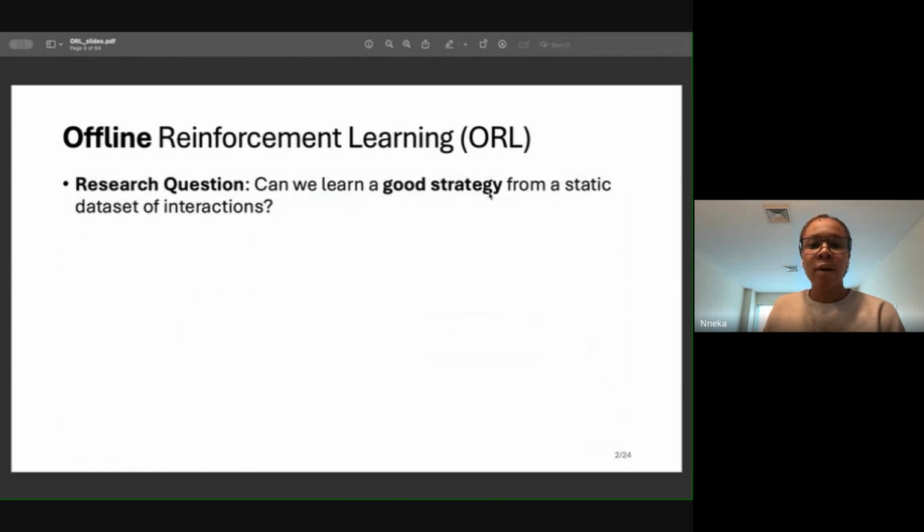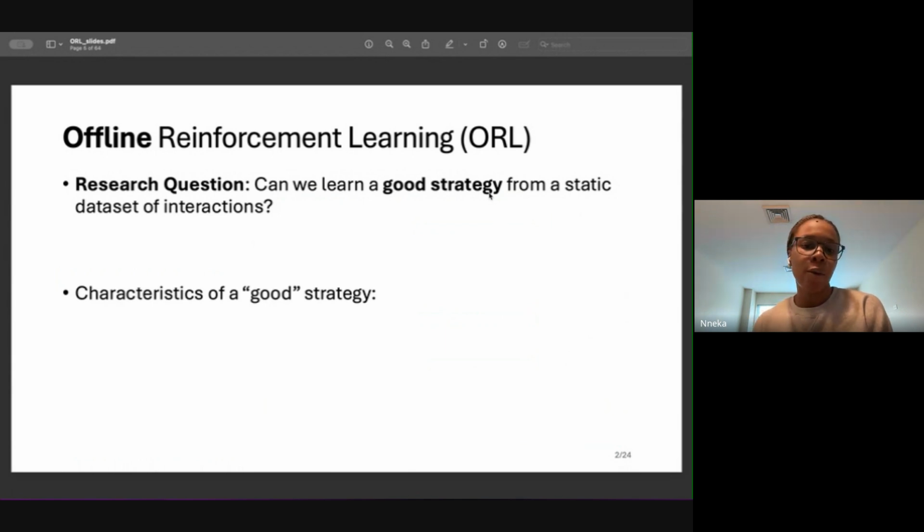In this setting, for real-world problems such as autonomous driving, where wrong actions could have really drastic outcomes, we ask the question: can we learn a good strategy from a static data set of interactions?